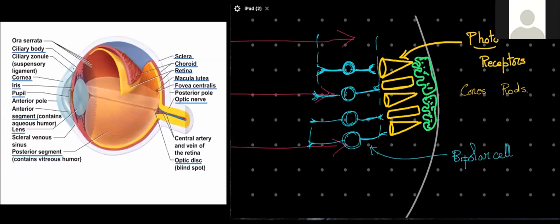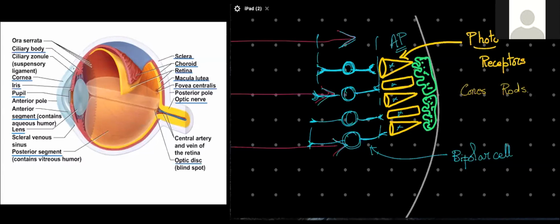So you've got an electrical impulse and action potential here that will be produced from those receptors. According to what? According to the light wavelength they will be receiving. So I've received red, I've received blue, I received green.